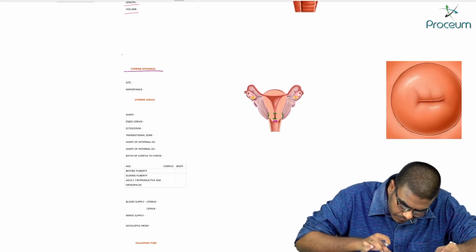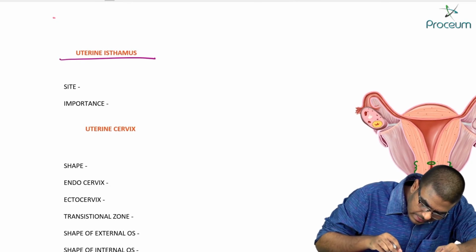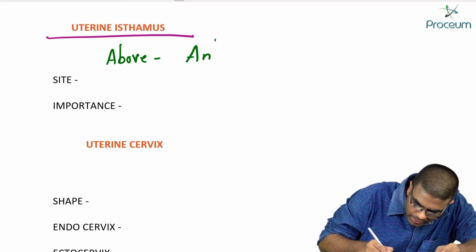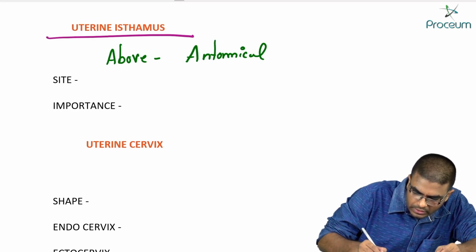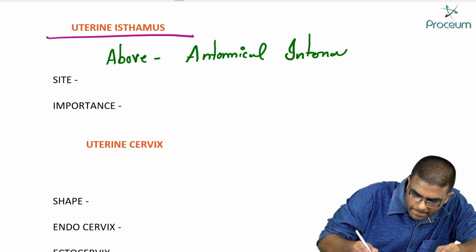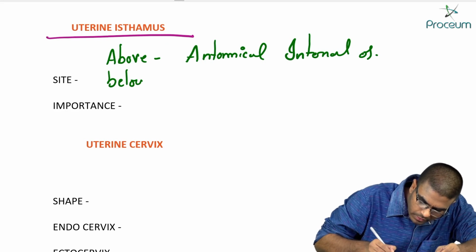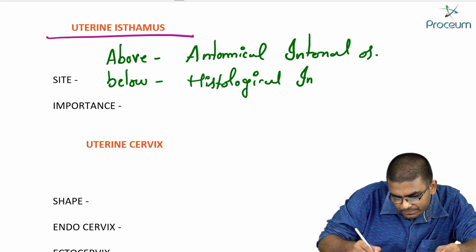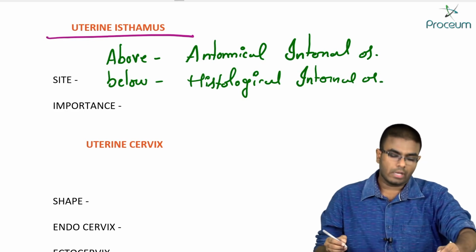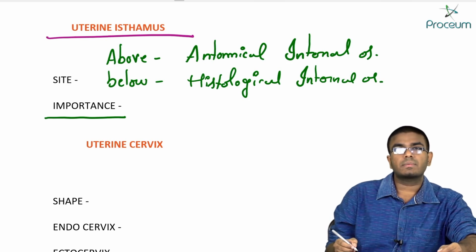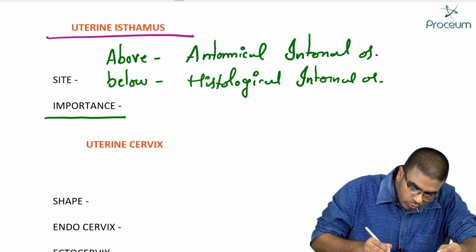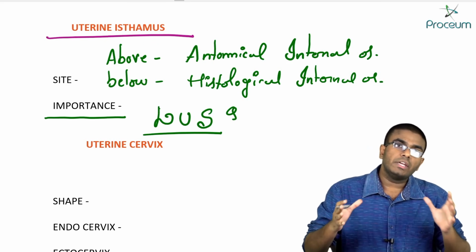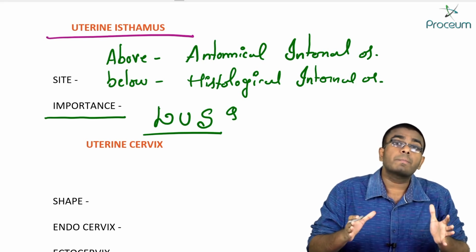Now, what are the important points to keep in mind regarding this? Concentrate. What is the site? The site of the uterine isthmus is below the anatomical internal os and above the histological internal os. Next, importance. What is the importance of this isthmus? The isthmus forms the lower uterine segment. As the baby grows in the uterus, the growing baby needs a lot of space.